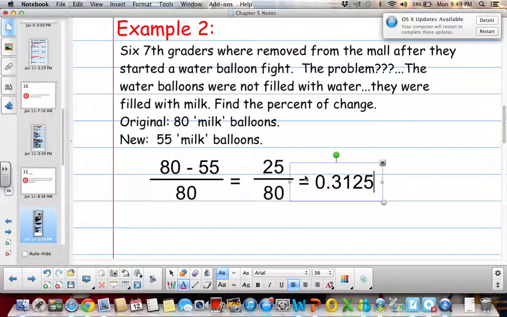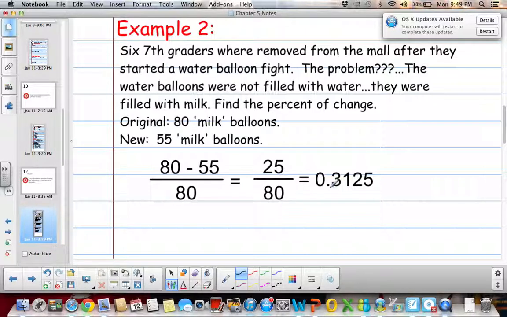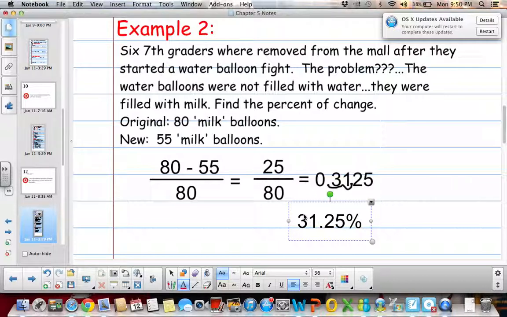So then I will take my decimal and move it over 2, because we start at our decimal and we only go over 2. So my percent of change is going to be 31.25%. See how I go over 2 and then I keep all of the numbers.